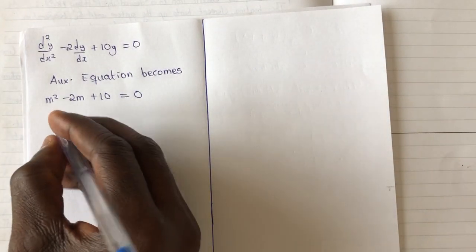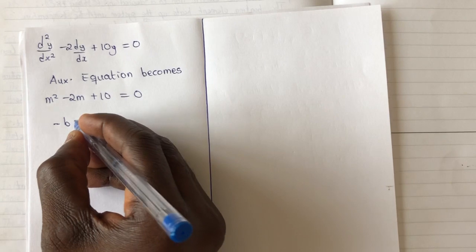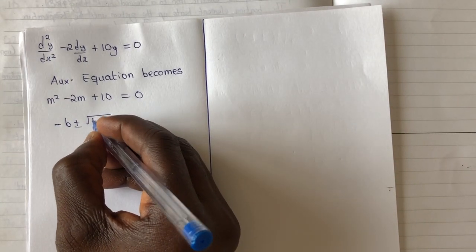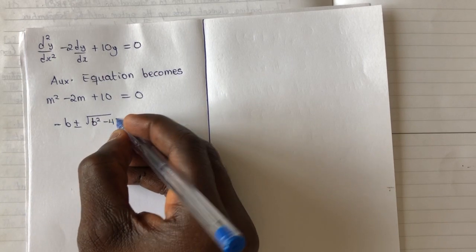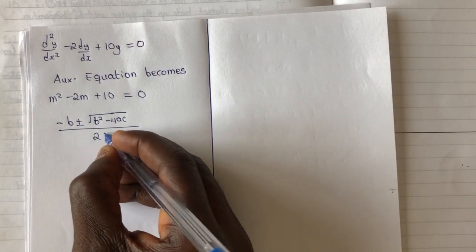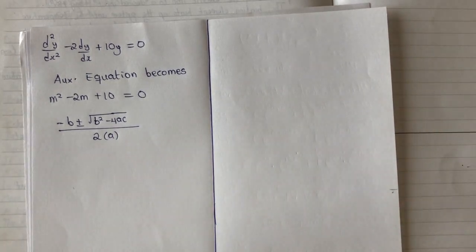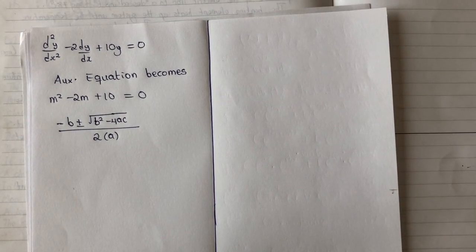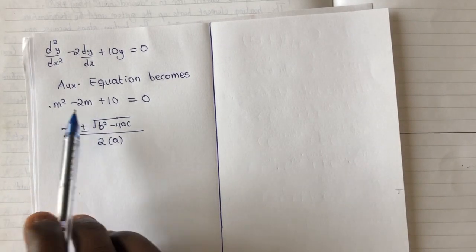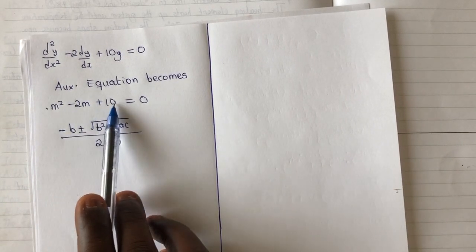The quadratic equation is minus b plus or minus root of b squared minus 4ac all over 2a. So I'll input the values. This is a, the coefficient here is a, this is b, and this is c.